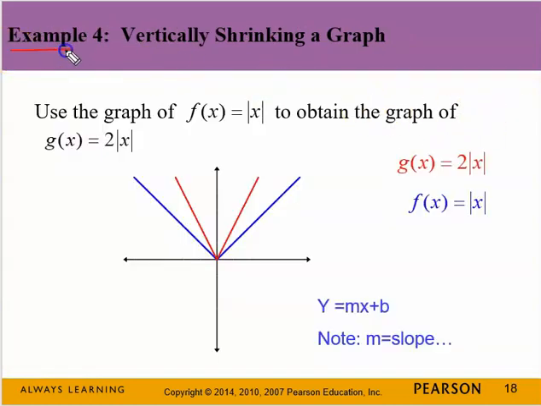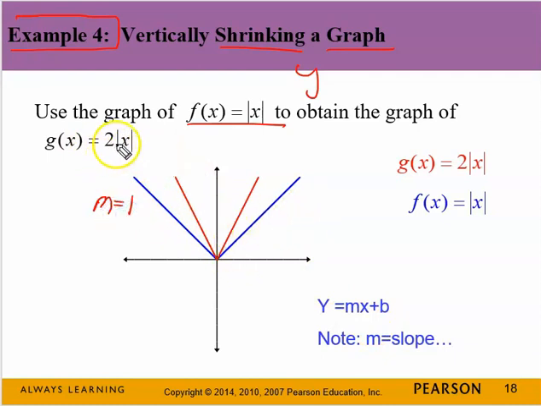Now in example 4, we're seeing vertically shrinking of a graph. Our blue line is this absolute value of x, and if we put a 2 in front of that, and remember y equals mx plus b that I've written out here, what's the slope of our first line? Well, this is the slope of 1.